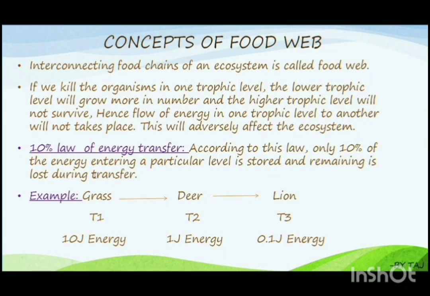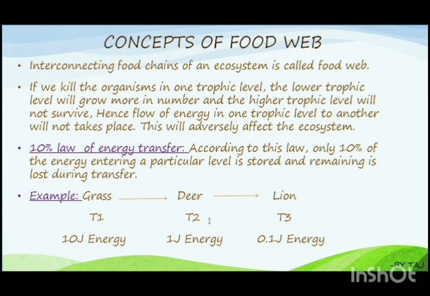So the 10% law of energy transfer, as I said previously. If 10 joules of energy is there in one trophic level, only 10% will be transferred from grass to deer, that is from trophic level 1 to trophic level 2. That means 10 joules to 1 joule of energy.